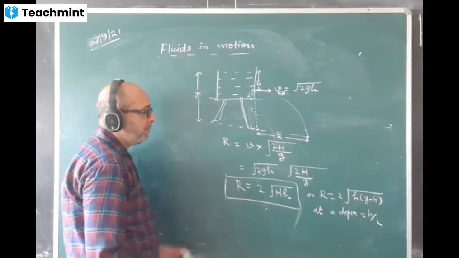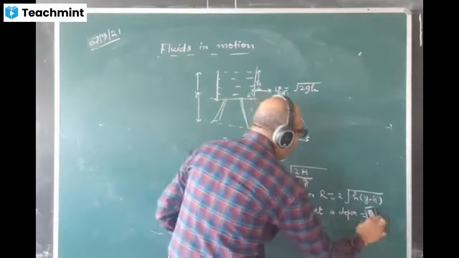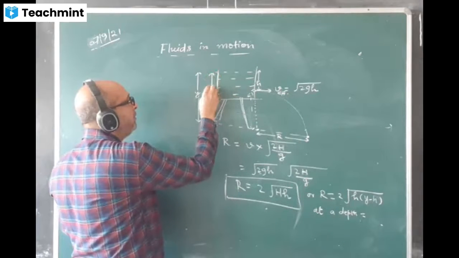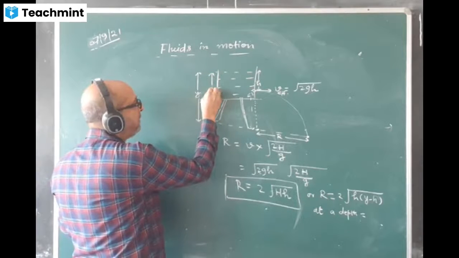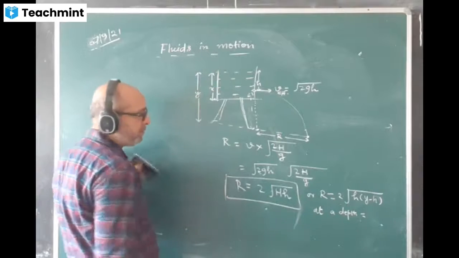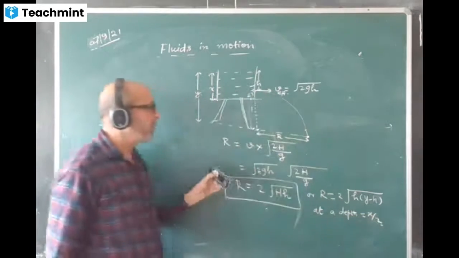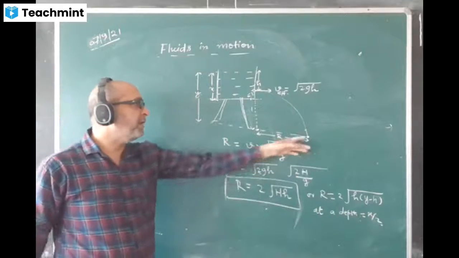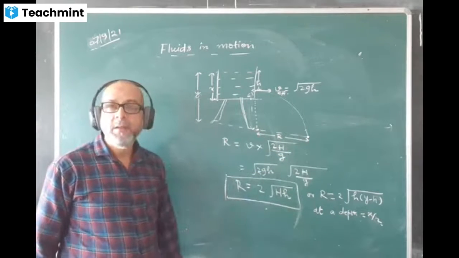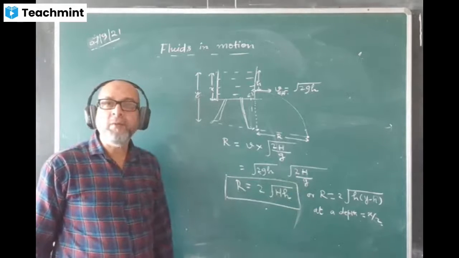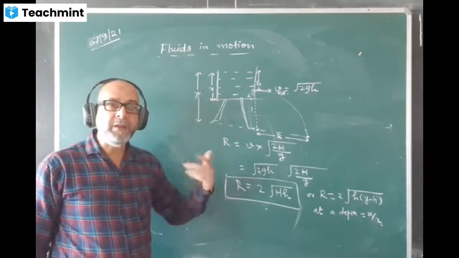Okay, wait. If the height of this one is, suppose, x, then at a depth x by 2 the liquid will strike the floor at the maximum distance. Just keep this information, keep yourself informed; in higher class you will learn the method.